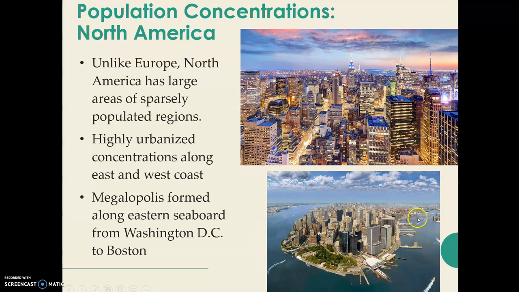This is the island of Manhattan right here. You can see the Brooklyn Bridge. So this is a picture of New York. We have what's also referred to as a megalopolis. We'll talk a lot more about this towards the end of the year, but it's basically a location on Earth where major cities are so close together that it's almost like there's not a separation point between them.